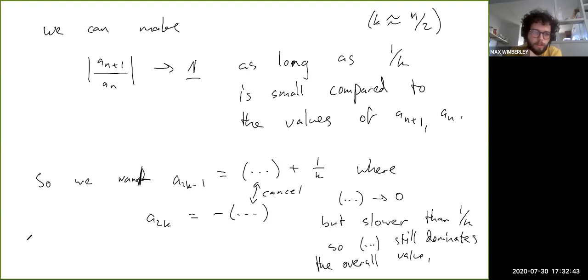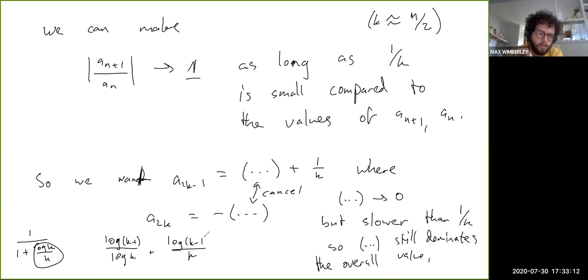Because you end up getting something like 1 over 1 plus log k over k. So you have this log k over k thing, which obviously approaches 0 slower than 1 over k itself approaches 0, right? And then in the other quotient, you have log k minus 1 over log k plus log of k minus 1 over k or something.